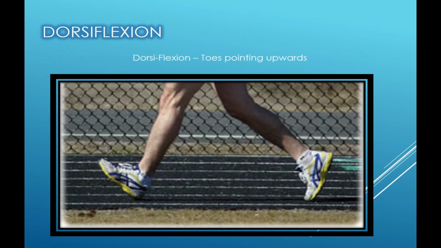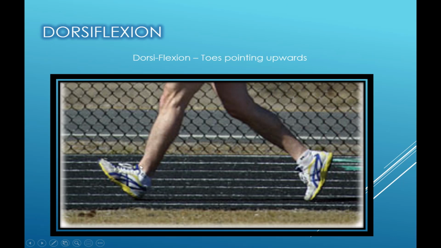And the penultimate movement that you need to be aware of when it comes to your level 2 and level 3 examinations is dorsiflexion. We experience dorsiflexion during any kind of running, jogging, even walking, and this is simply referring to when the toe is pointing up towards the sky.